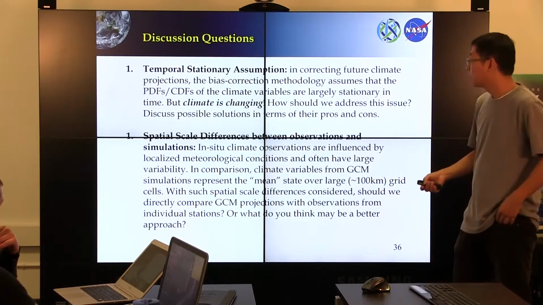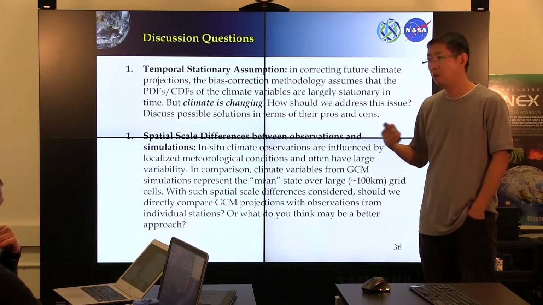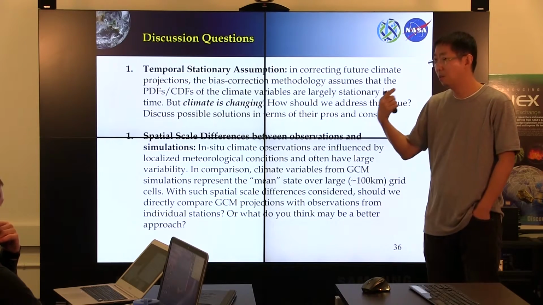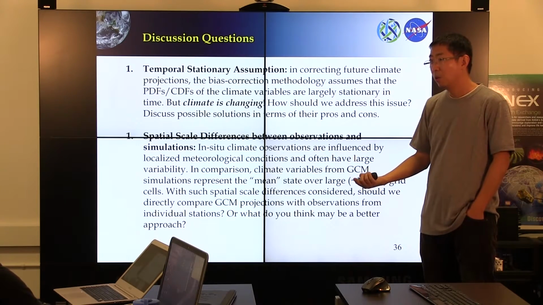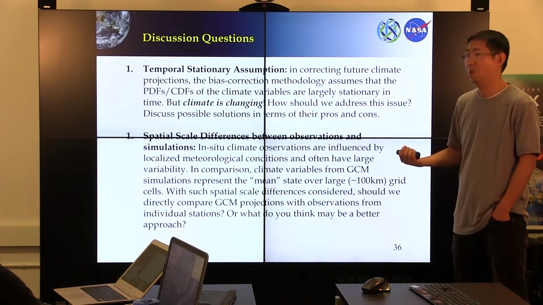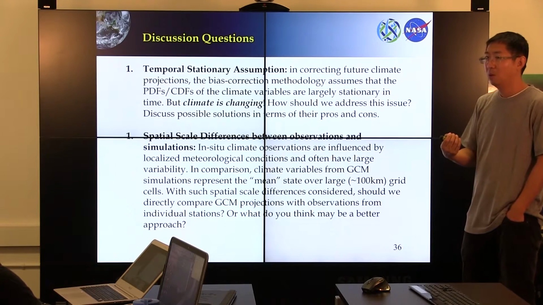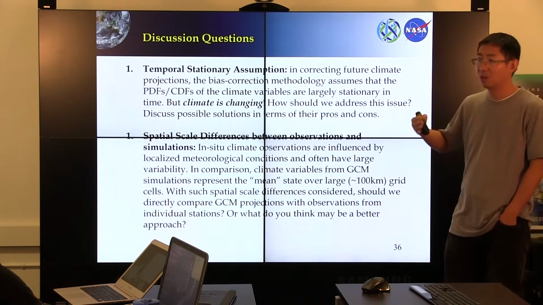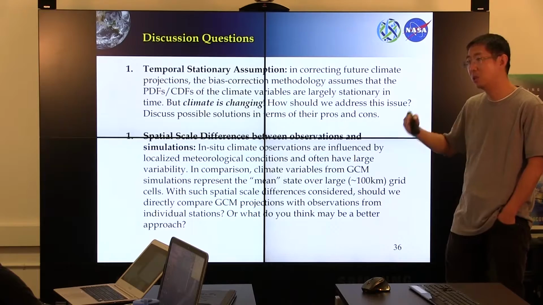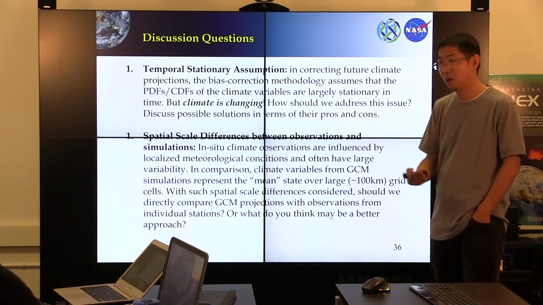That means the observation data could have a lot more variability than GCMs. Now, should we directly compare them? Is that a good way to do it, or do we need some pre-processing when we compare GCM to observations?